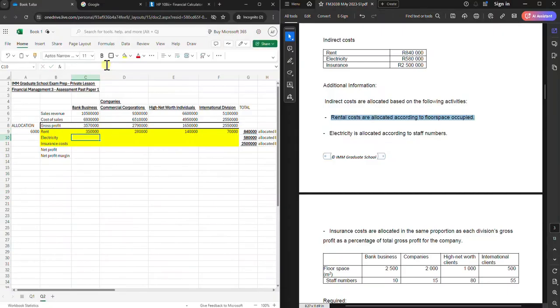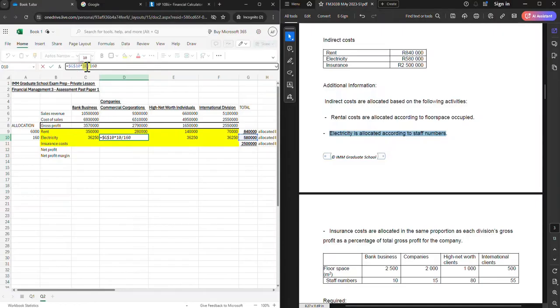Make sense? 100%. Okay, electricity is allocated according to staff members. So same scenario. Add up the staff members. How many do I have? I've got 10 plus 15 plus 80 plus 55 gives me a total of 160 staff members. So electricity, that's the cost that I need to allocate. So you do 580,000 rand divided by a total 160 times each one.